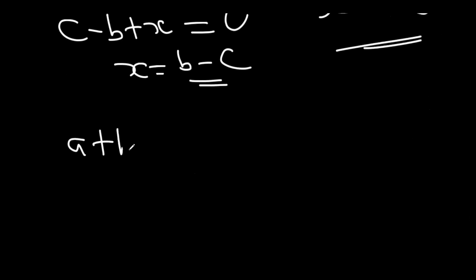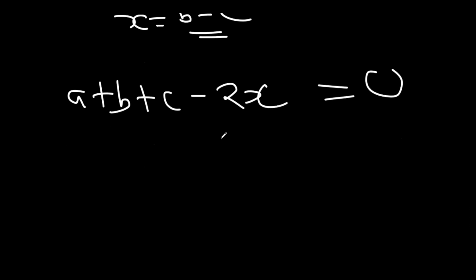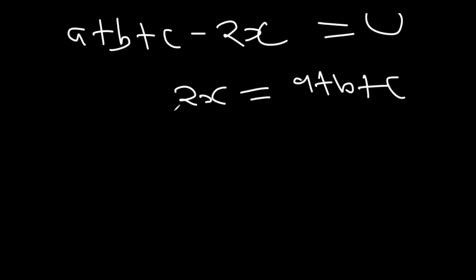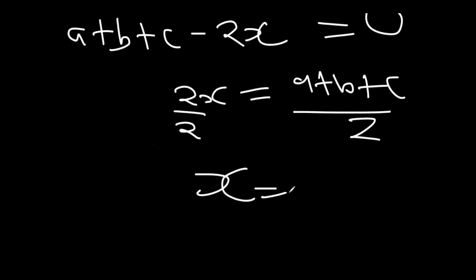So a plus b plus c minus 2x equated to 0. What is it going to give me? So I'm going to have 2x just equal to a plus b plus c. And then we divide both sides by 2. We're going to have x as being equal to a plus b plus c divided by 2.